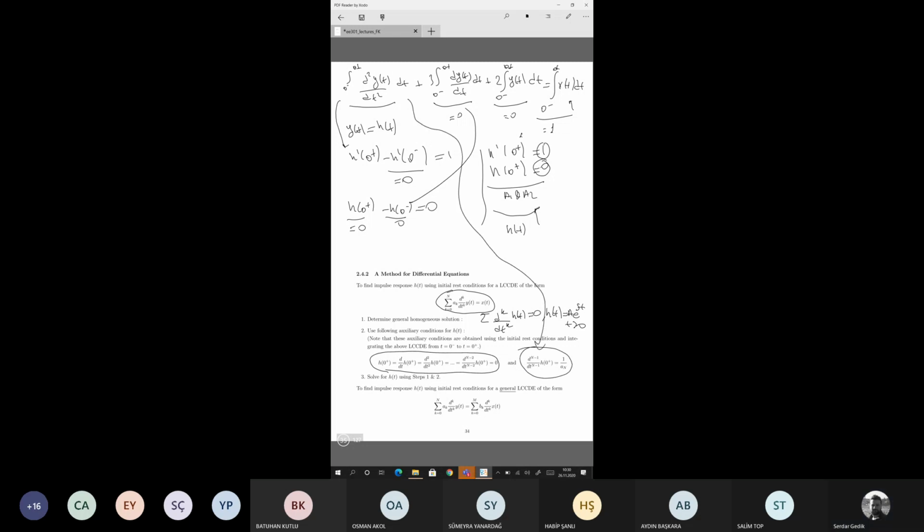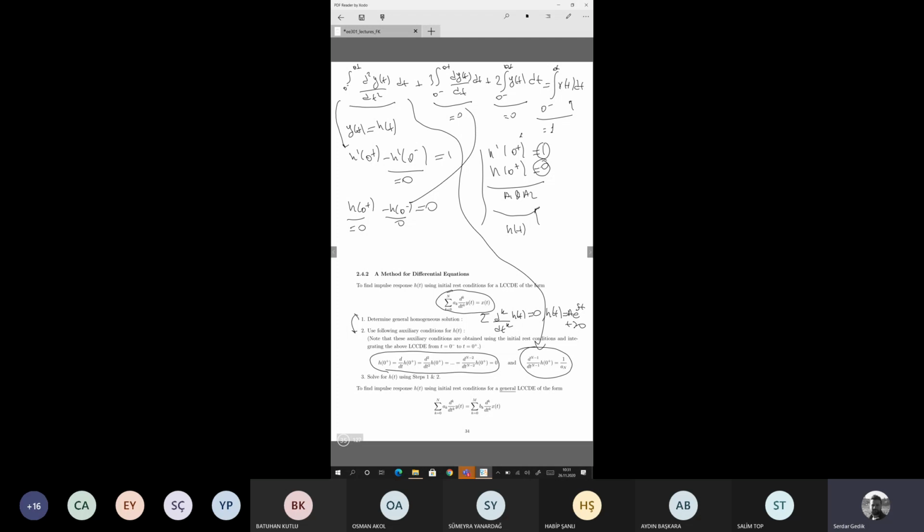So I can assume that the one with the highest order is non-zero, but the rest are all 0. Of course, using 1 and 2, I can find h of t.